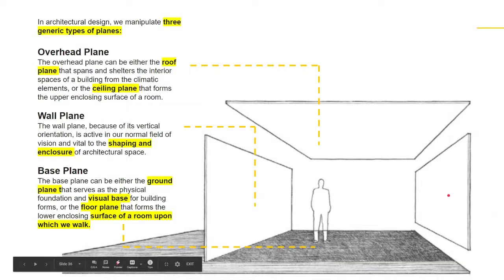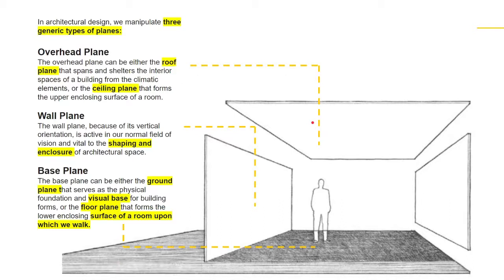So in an architectural plan, we manipulate these three generic types of planes. In the built environment, you have your overhead plane. The overhead plane can either be the roof plane, which spans and shelters the interior space of a building from climatic elements, or the ceiling plane that forms an upper enclosing surface of the room.